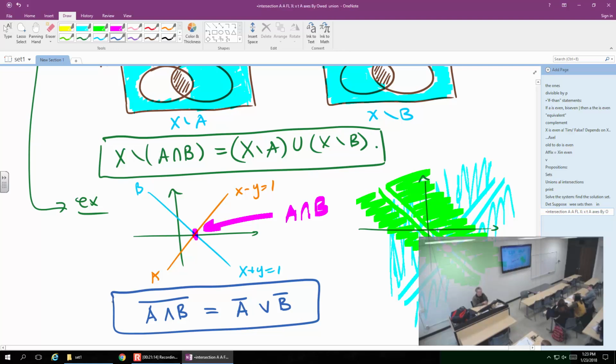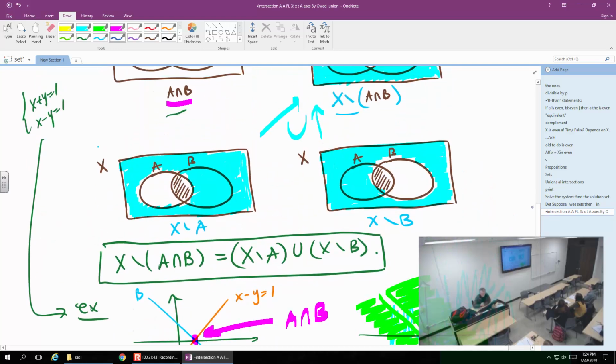So and is flipped. You negate the statements themselves, and then you flip the and into or. We have already noticed that several times, that the and turns into or, but or turns into and. And the same thing happens with the union and complement. So let's examine that.